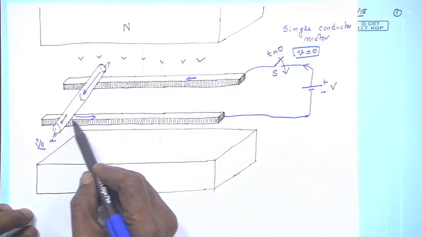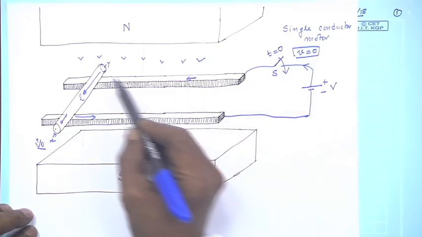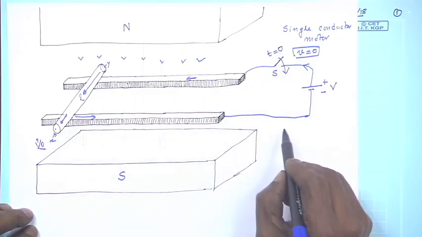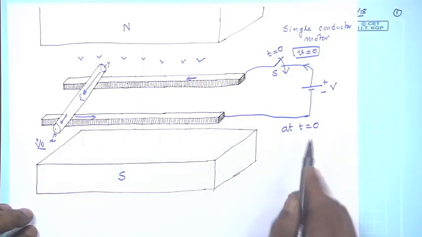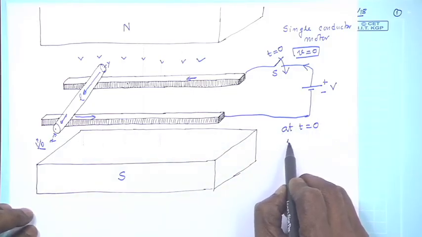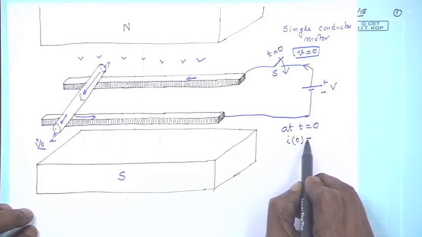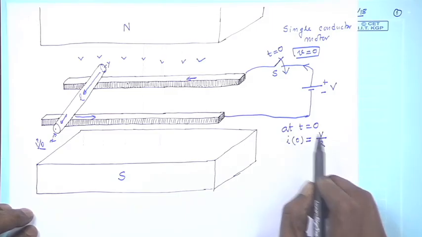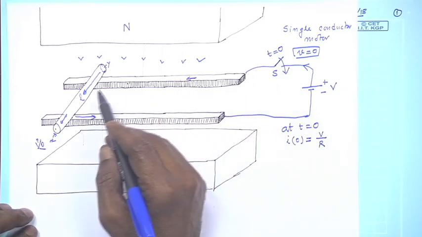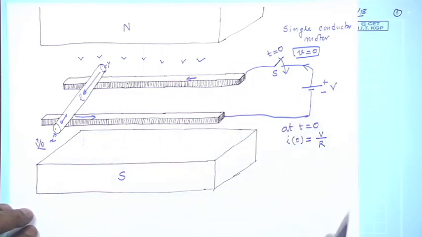It is open circuit here, so it will return like this. So, the current will flow. At t equal to 0, I am sure nothing was moving. The current in the circuit at t equal to 0 was simply V divided by R. What is R? R is the resistance of the rail, etc., the whole circuit.